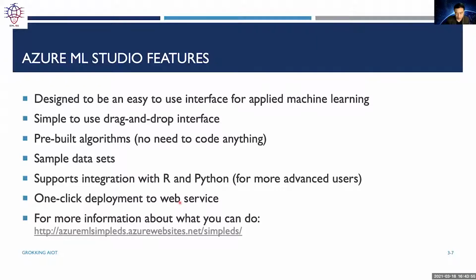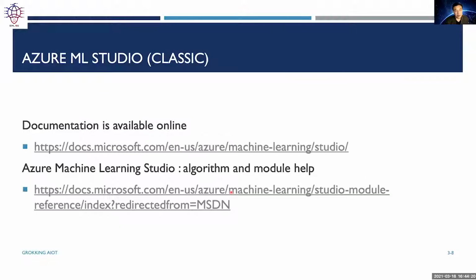In the case of Azure Machine Learning Studio, Microsoft generates the surrounding code for the service itself, and deploys it to the Azure cloud automatically for you. So you don't need to write a single line of code. All you need to do is the modeling, and once you build the trained model, it will be able to generate the code for the service for you. The documentation is online. You can just use the URLs to get it.